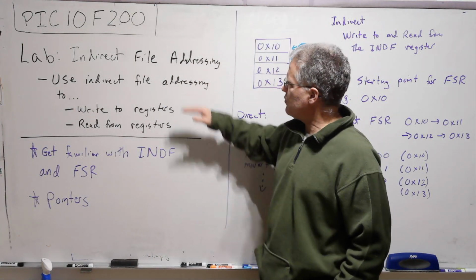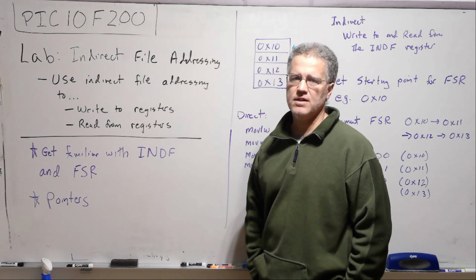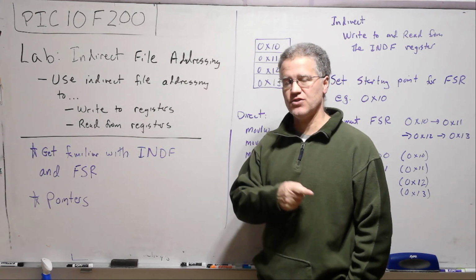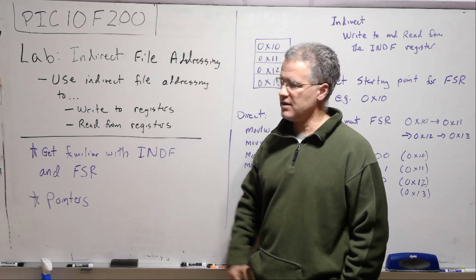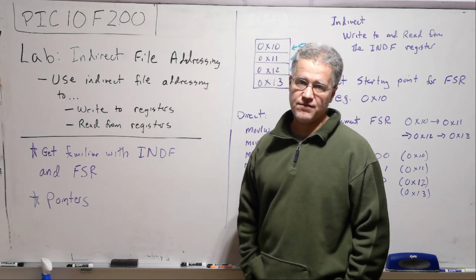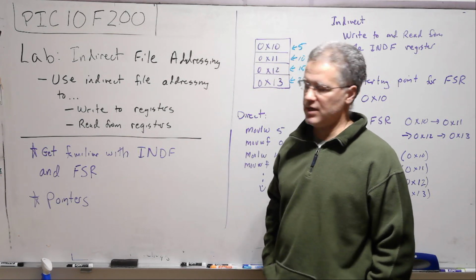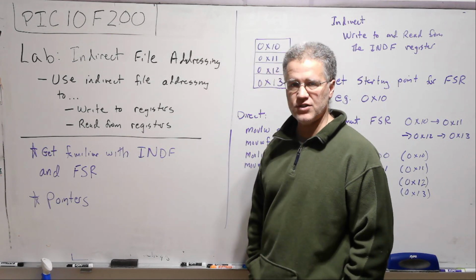So today in lab we'll be talking about using the indirect file addressing. We will write to a sequential set of memory registers with the indirect method, and then we will read from that as well. This will help us get familiar with the INDF and FSR registers.